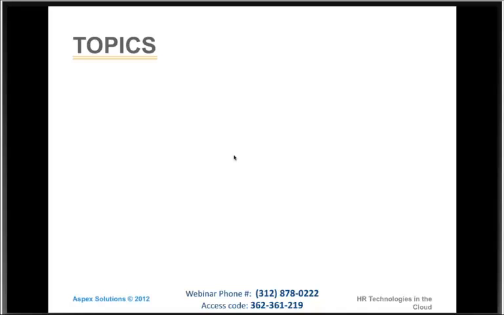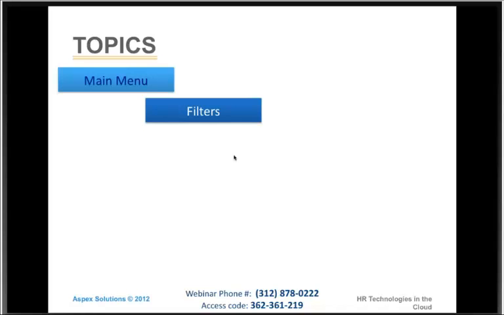Now here are the topics for today's webinar. I'm going to begin by telling you about our new main menu and some nice new information that you can get from that. We'll turn to the use of filters to help you set criteria and cut long lists of applicants down to just those people that meet your criteria.